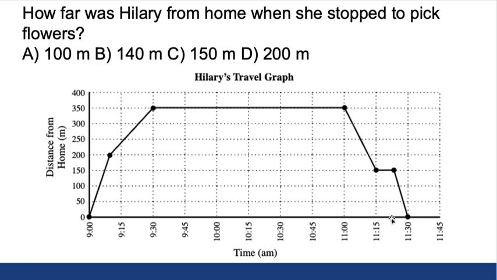The question is, how far was Hillary from home? Right here, she's roughly 150 meters away from home. So that's when she stopped to pick her beautiful flowers, and then she started again.